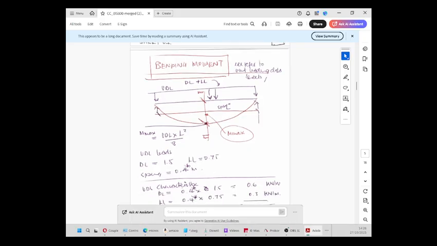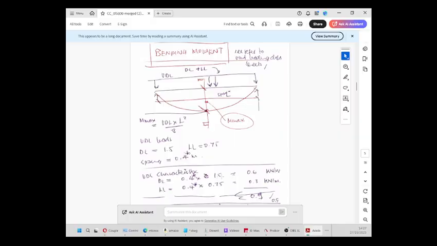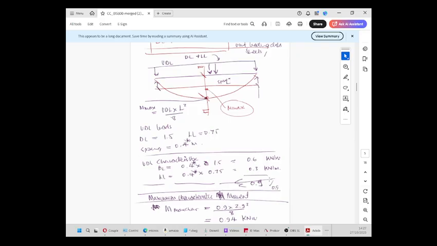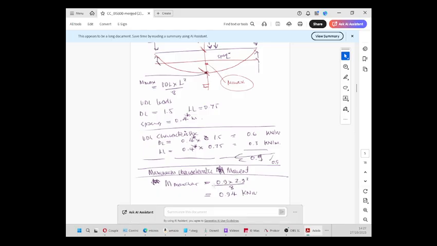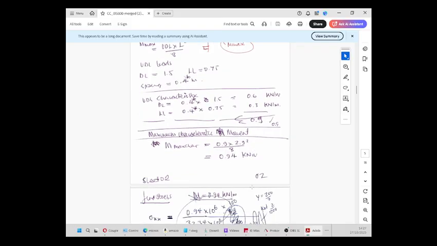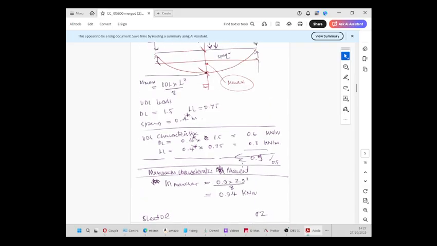So the UDL characteristic is dead load 0.4 times 1.5, which is 0.6, and live load 0.4 times 0.75 equals 0.3, so it's 0.9 kilonewtons per meter. The maximum characteristic moment, M max, is 0.9 times 2.9 squared divided by 8, which is 0.94 kilonewton metres. So that sounds about right.